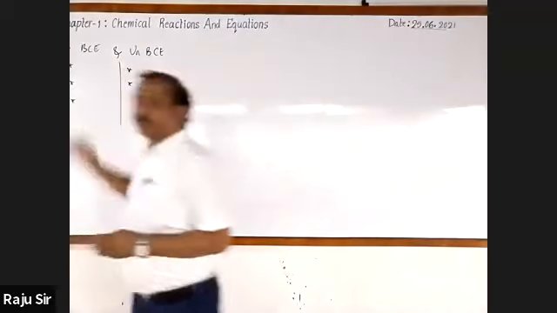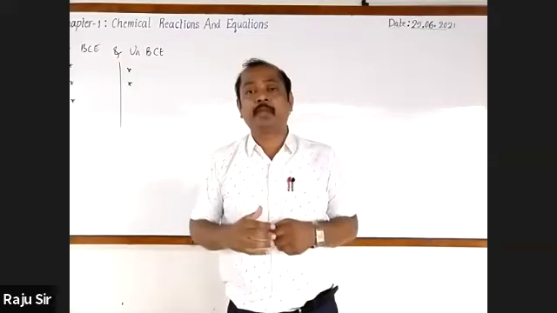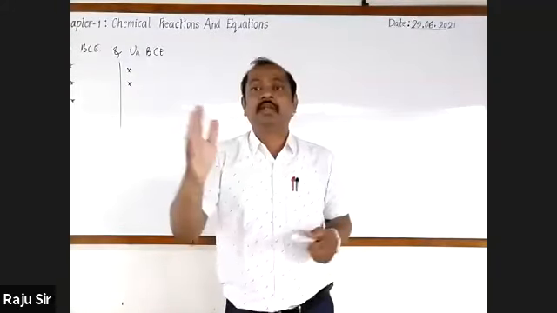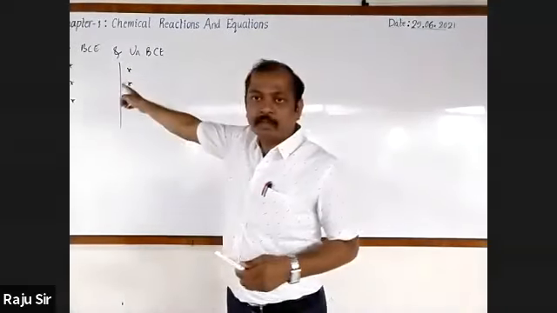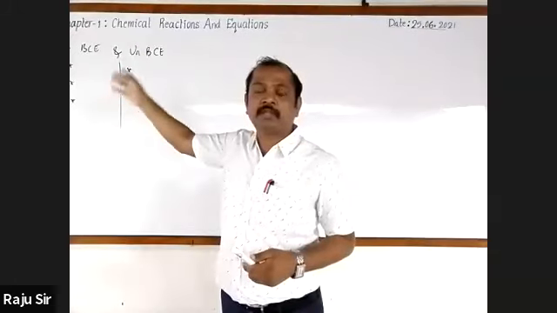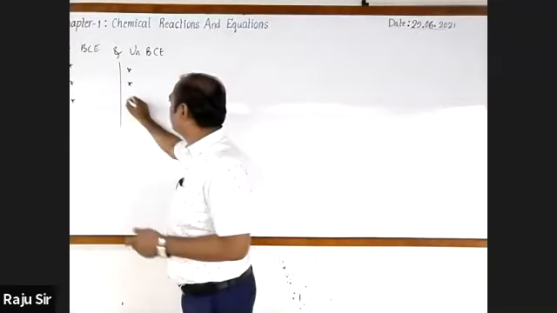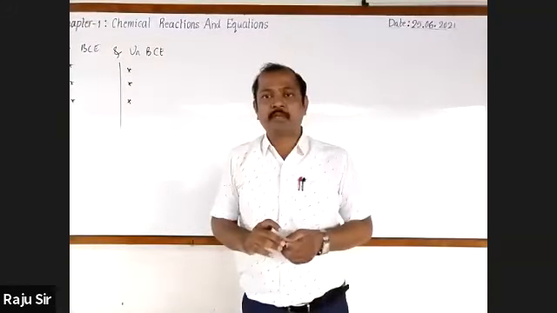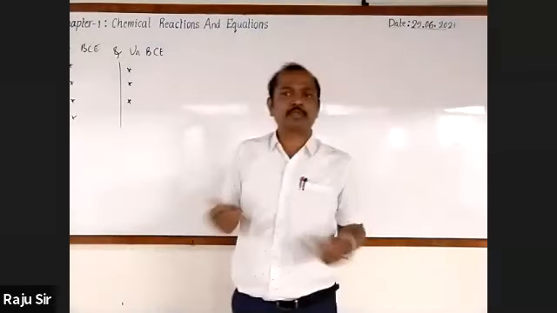Then we know that a balanced chemical equation will satisfy one of the laws of chemical combination. What is that? Law of conservation of mass. A balanced chemical equation satisfies the law of conservation of mass. An unbalanced chemical equation does not satisfy the law of conservation of mass. Next, we took one example as well, that is the most familiar one.